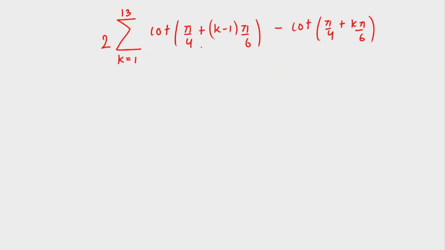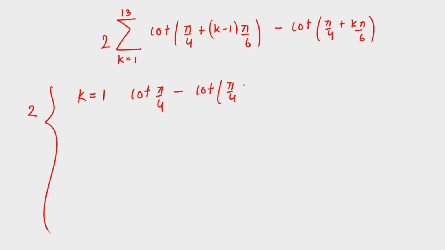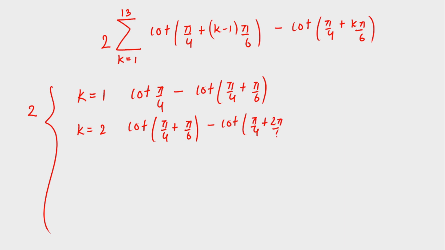Now here I'm going to put K equal to 1 in the series, 2 times. So let's check what we're getting. We'll get cot of pi by 4 minus cot of pi by 4 plus pi by 6. Next is K equal to 2. We'll get cot of pi by 4 plus pi by 6, minus cot of pi by 4 plus 2 pi by 6.